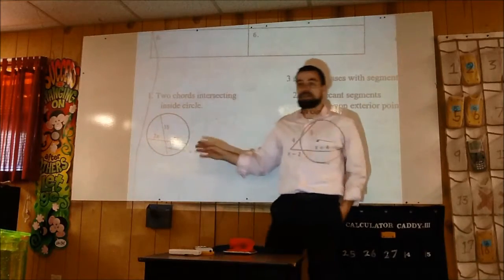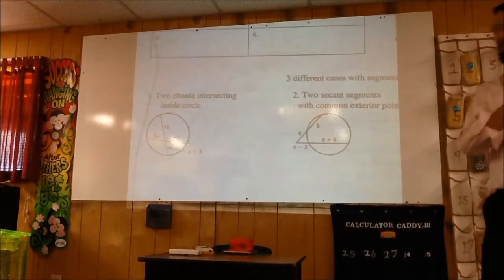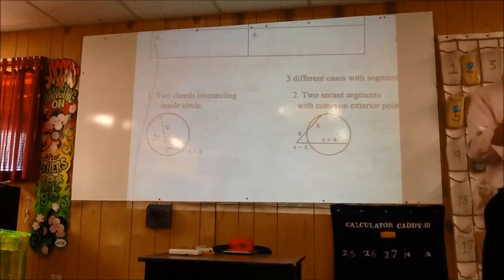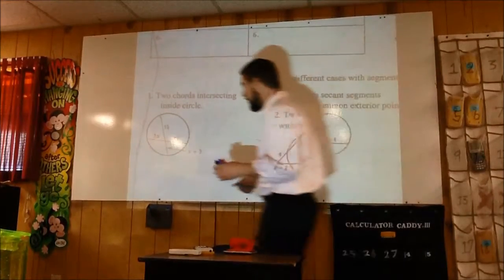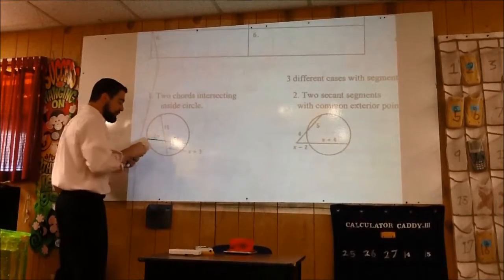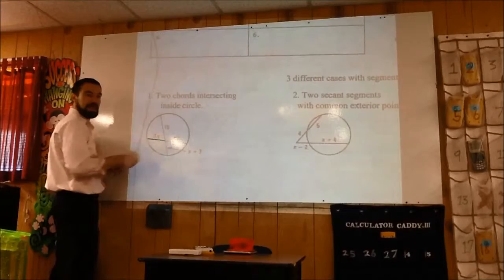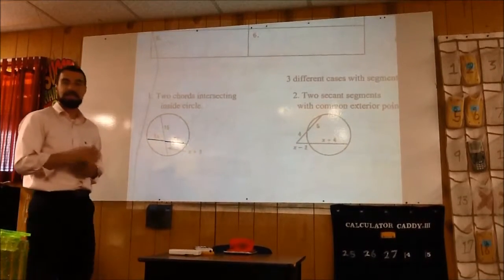So when two chords intersect inside a circle, each chord is broken up into how many parts? 2 parts, okay? So there are 4 pieces in the end. This point of intersection creates these 4 pieces.